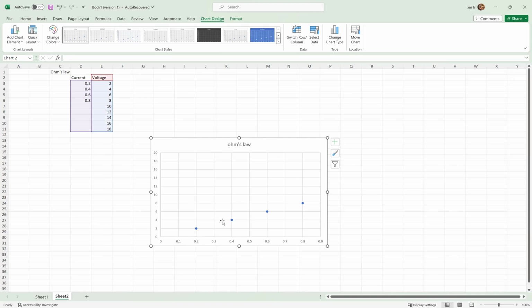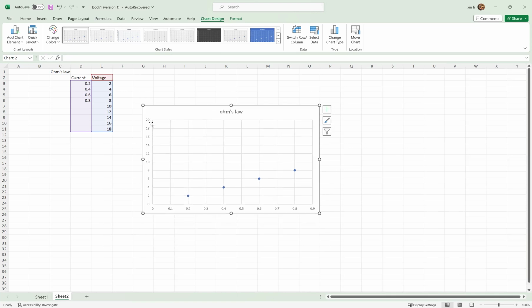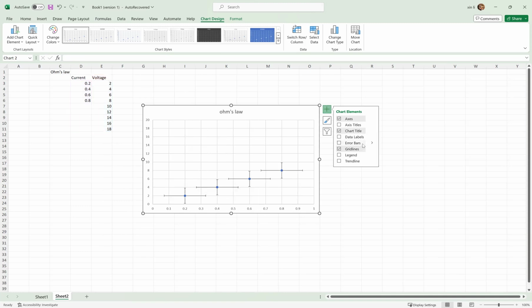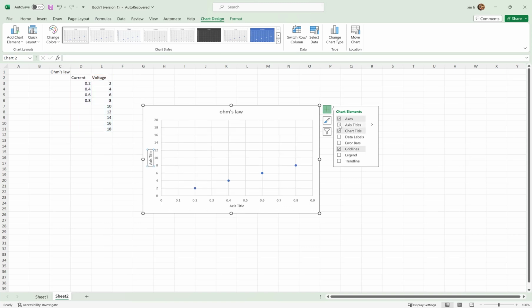Yeah, let me finish this. So this will be your voltage and this will be your current, okay? You can add the name for this XY axis here. I should be able to do it. Chart title. Yeah, you can add your axis title here, okay?